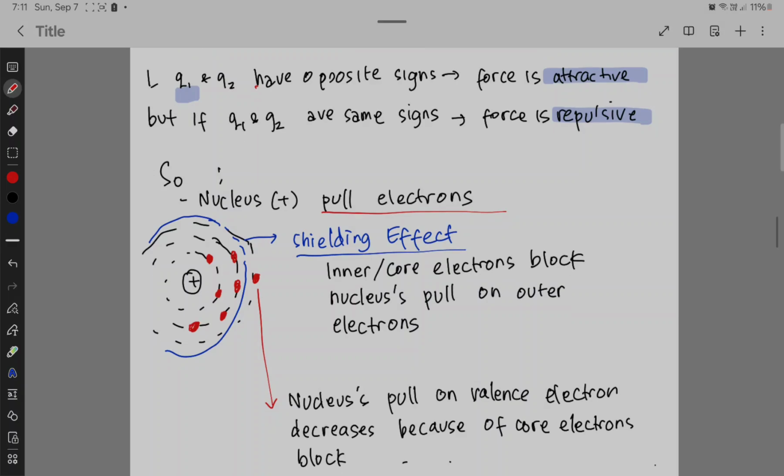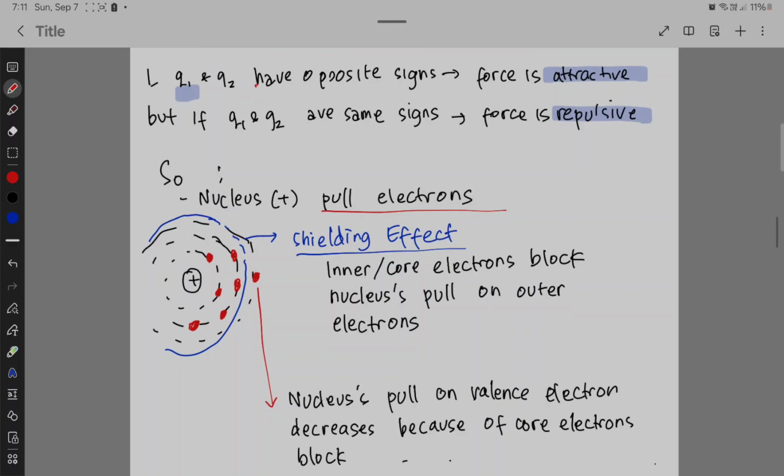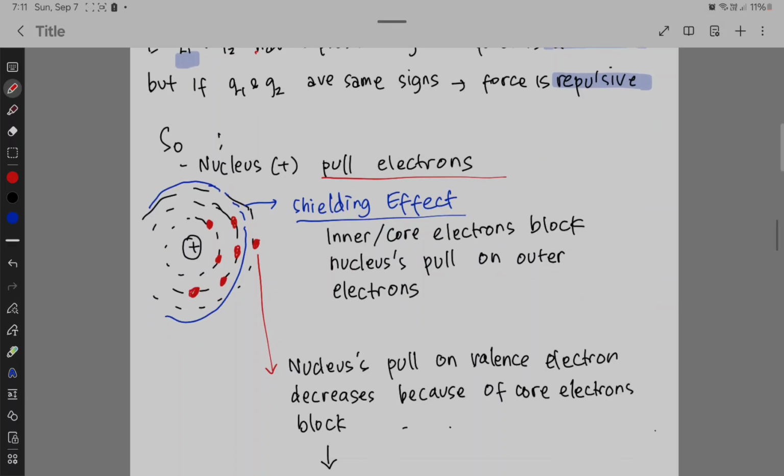But we want to focus on the valence electron here. This is the valence electron. Of course the valence electron is pulled by the protons in the nucleus because of Coulomb's law. But there is a shielding effect.